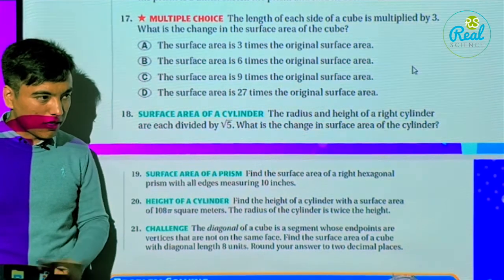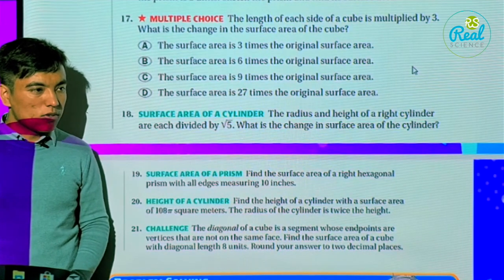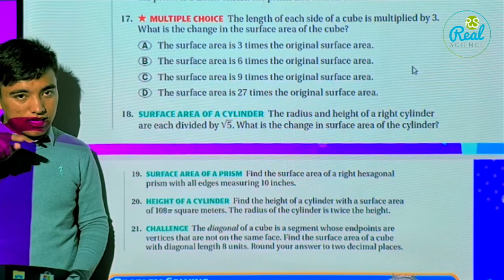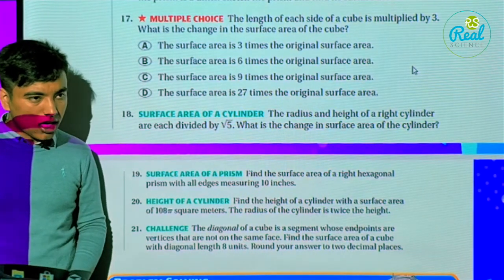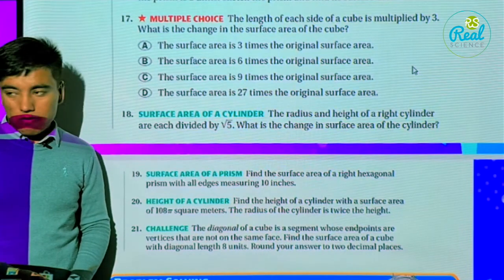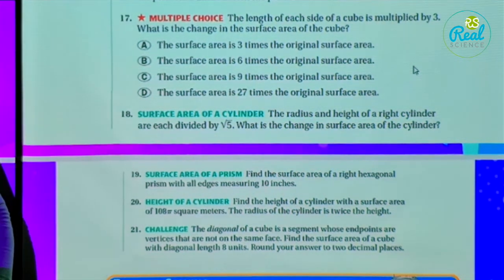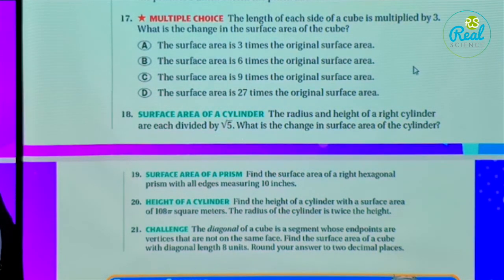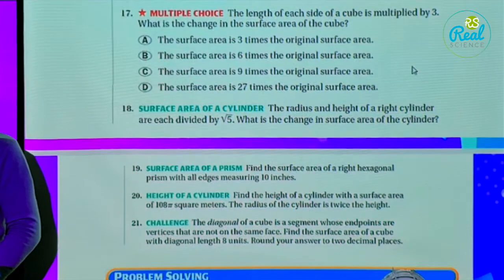What is new is this 9. After multiplying the side by 3, because of the power, we got 9 times more than the previous one. See, the surface area is 9 times the original surface area. So who has a question? Nobody has a question. Okay, hearing none, we're going to continue.